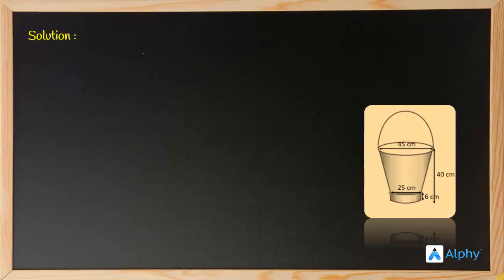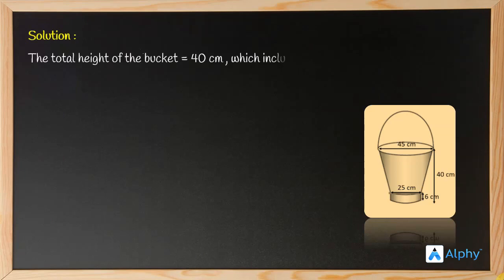We need to mark the dimensions first. So, the total height of the bucket is equal to 40 centimeters, which includes the height of the base of the cylinder. If we subtract the height of the base of the cylinder from the total height of the bucket, we will get the height of the frustum of the cone.